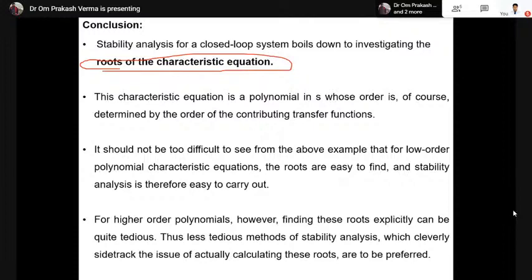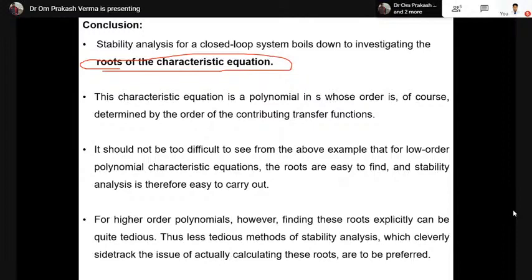But if the polynomial is of higher order, it is not easy to find the roots, and it is a very tedious task to solve higher order polynomials. So for such systems, the stability analysis is done using the Routh array. Some other techniques are also there to find the stability, that is the root locus and Bode plot.